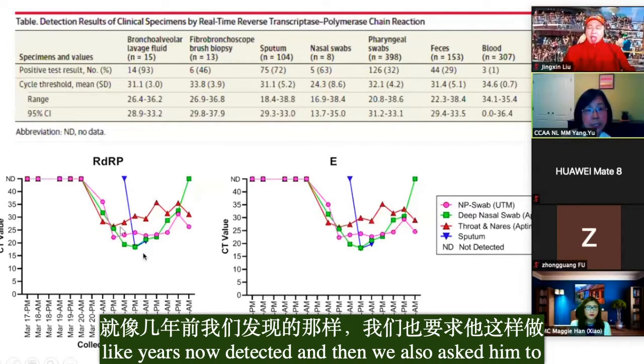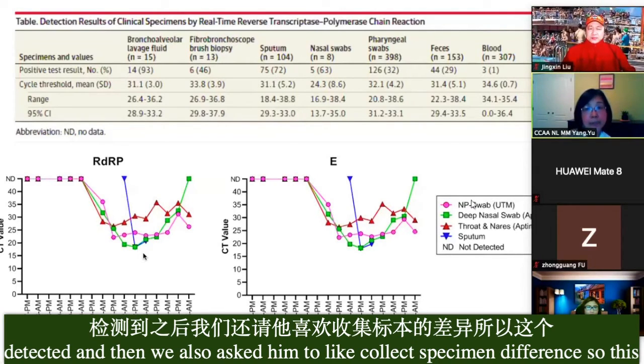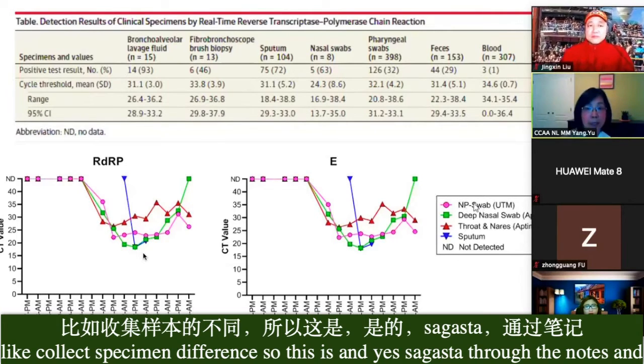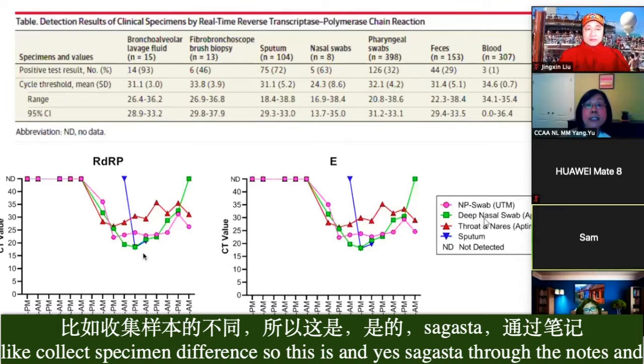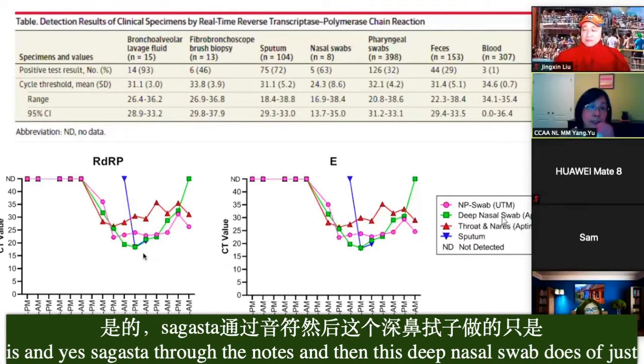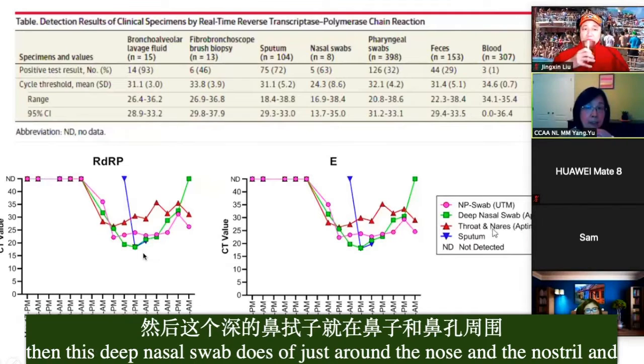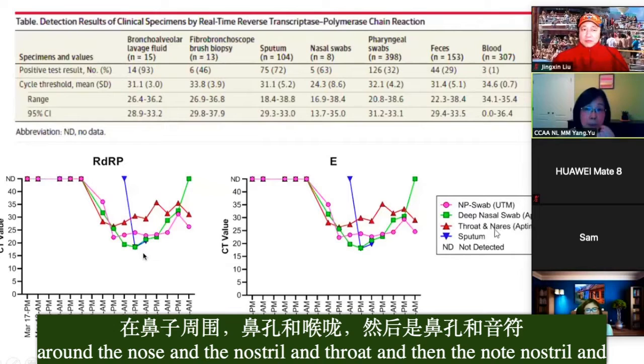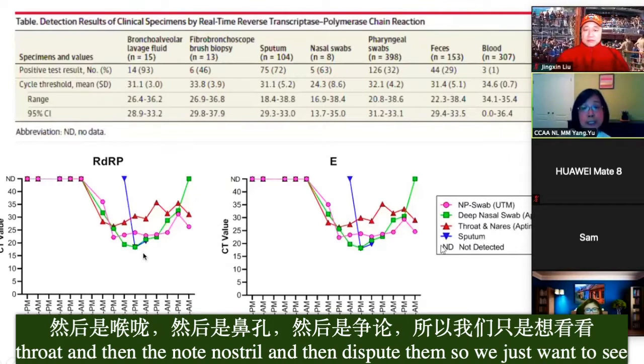And then we also asked him to collect specimens from different sites. So this is the NPS, through the nose. Then the deep nasal swab, just around the nose and the nostril, and the throat, and then the sputum.